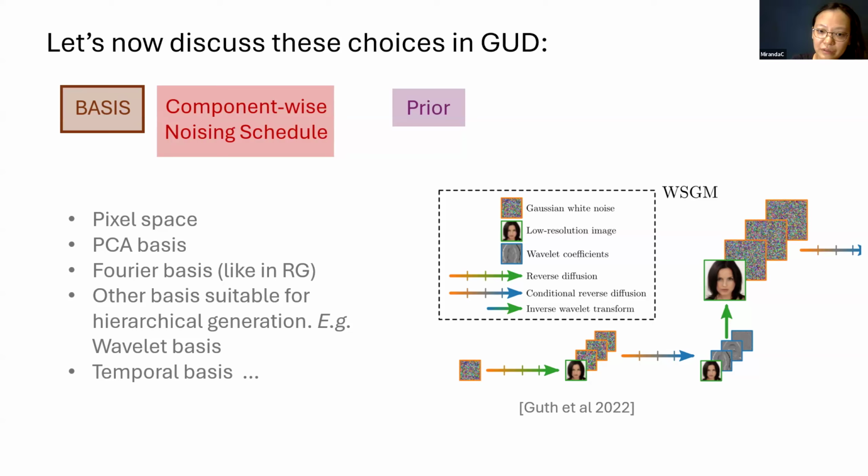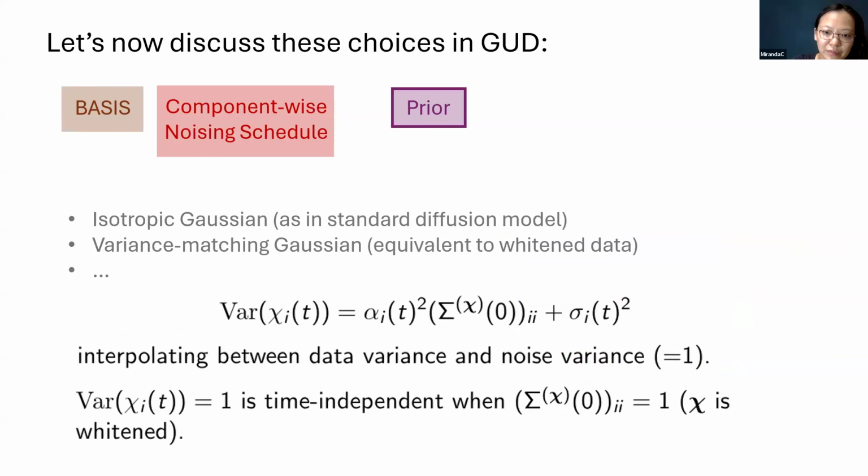You could go to the Fourier basis. Or other bases like the wavelet basis are also very natural for hierarchical generation. Of course, if you have temporal data, you can choose the temporal basis, for instance, if you have a spectrogram and so on. Okay, so we're going to try them out later.